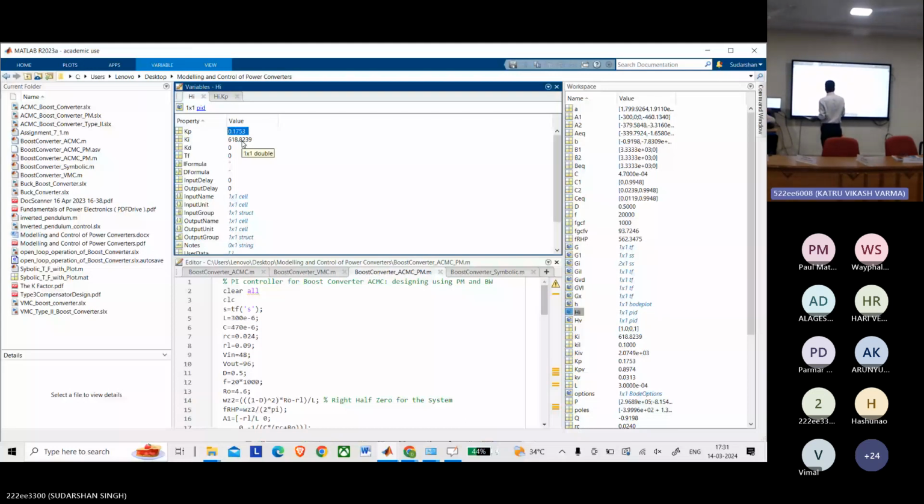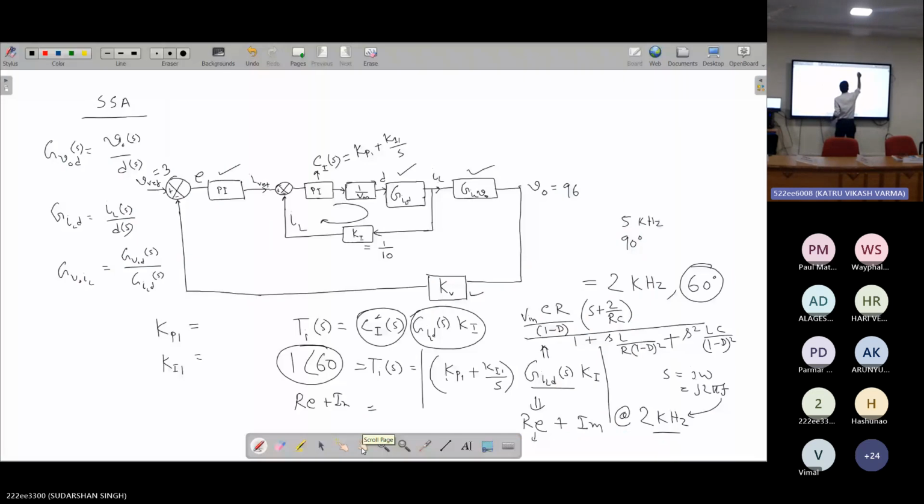Now similarly, if I see the loop gain in the outer loop, because you have already designed this block, everything you know.